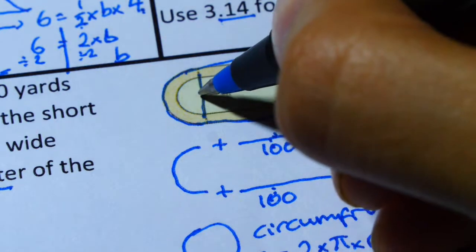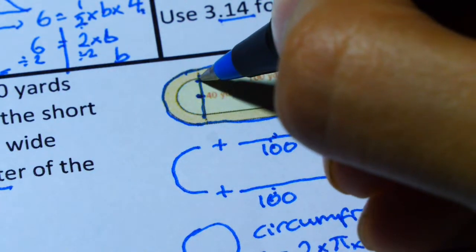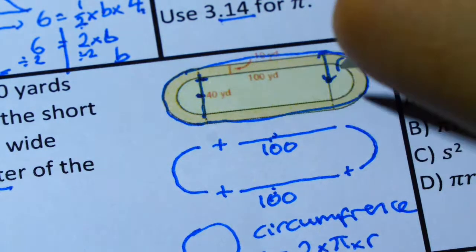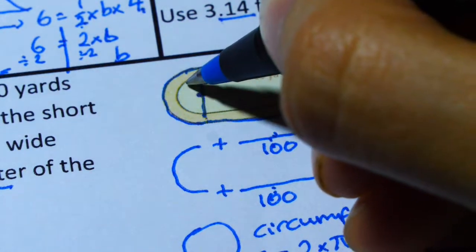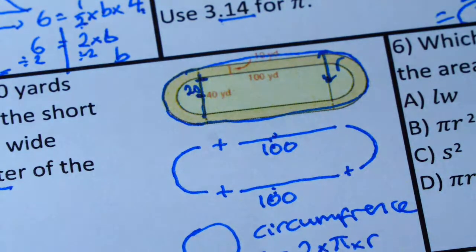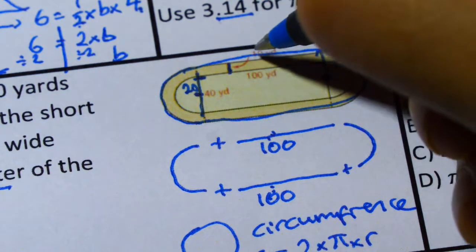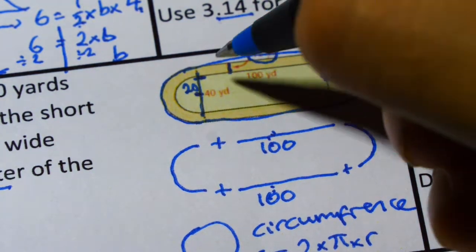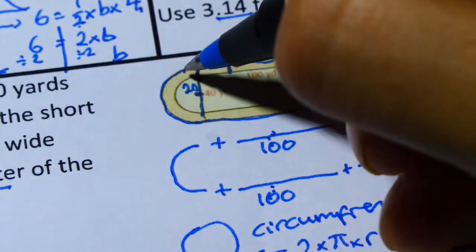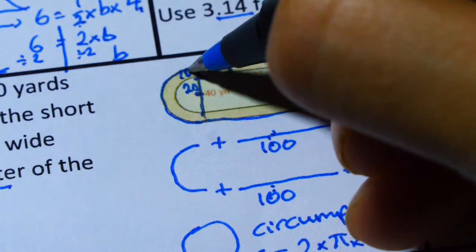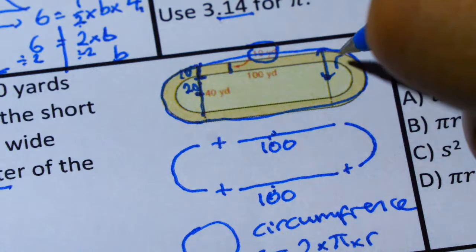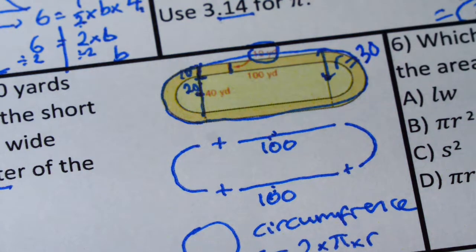So halfway from here to here is half of 40, so we know this is 20. Okay? Now it says here this is 10 yards. So this is another 10. So 20 plus 10, r is 30.